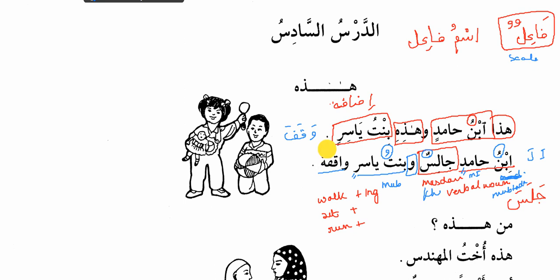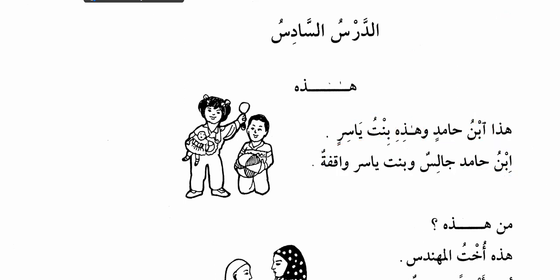The ta marbuta. In case of male, it will be only waqifun, without ta marbuta. In case of female, the ta marbuta will be added, waqifatun, but they both follow the same scale. So let's move forward with the lesson.